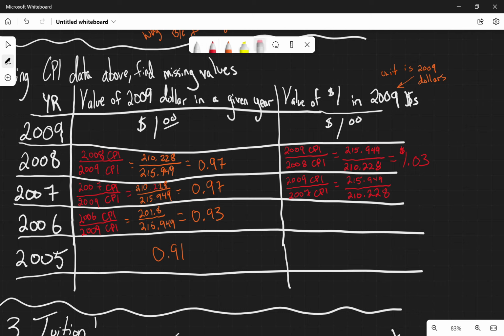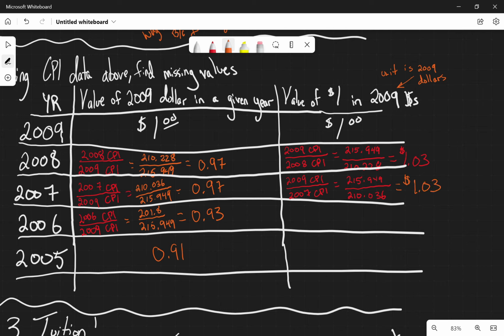I was like, wait a second. So this should be 210.036. And this should also be, this is 2007 over here. So this should also be 210.036. I apologize for that. If you caught that as you were following along, excellent job. So this is going to give us $1.03 as well.